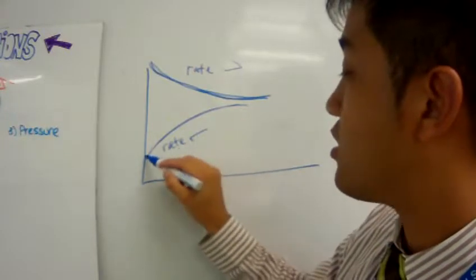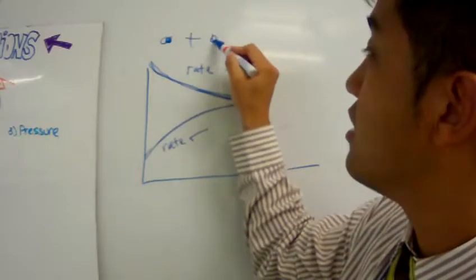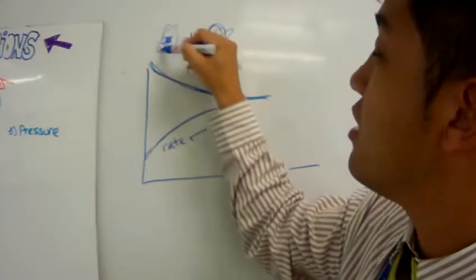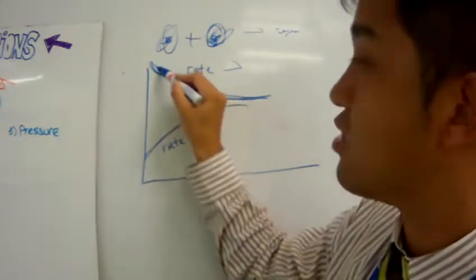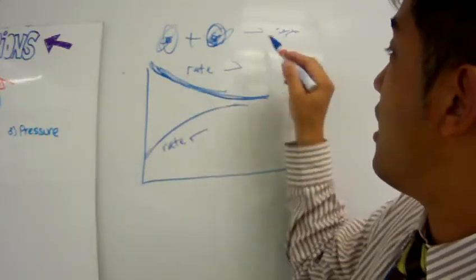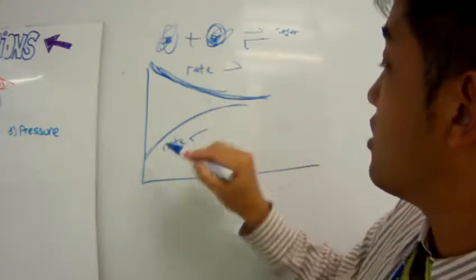Okay? When you start at the beginning of the reaction, you have lots of reactants, and then they're going to make products, right? So the rate of the forward reaction is high, but there's not a lot of products here to go back, so the rate is low.